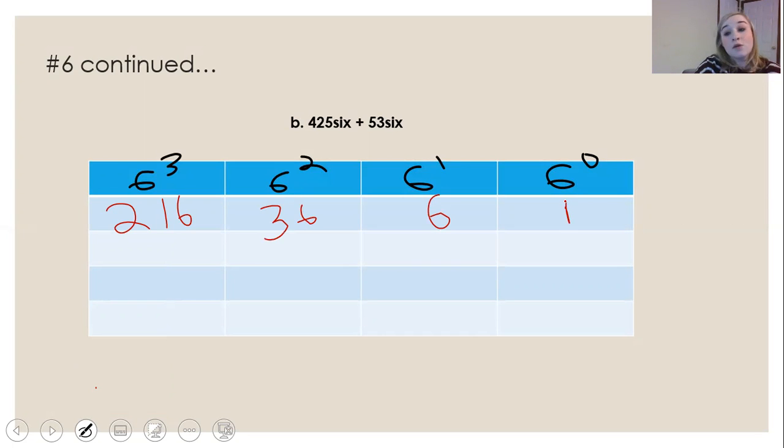Now let's look at what we have. We have 425 and we have 53. So 425 represented in dots: 1, 2, 3, 4, 1, 2, 1, 2, 3, 4, 5.